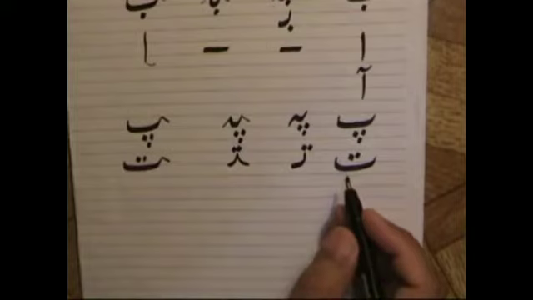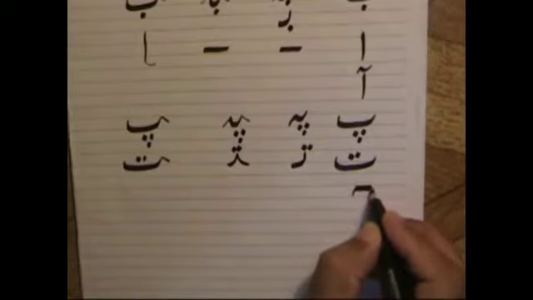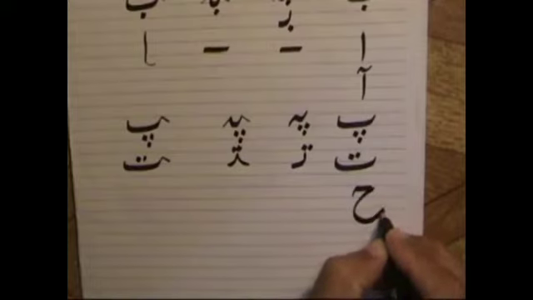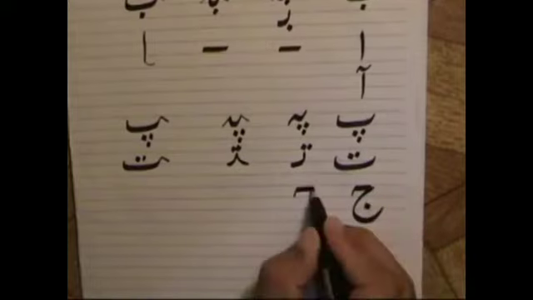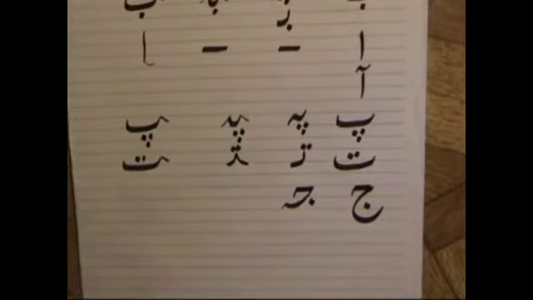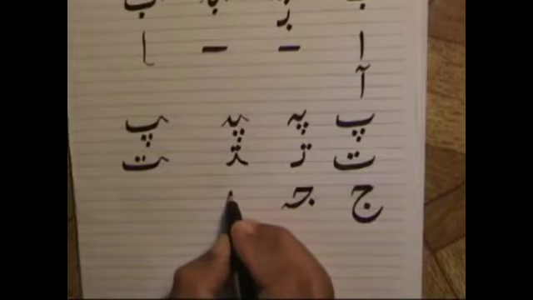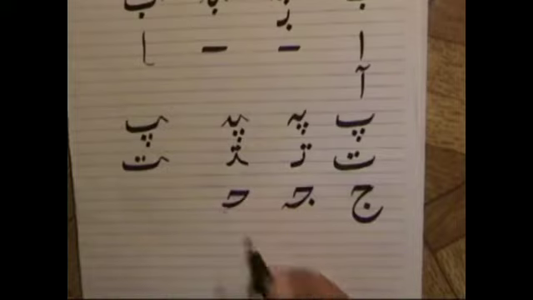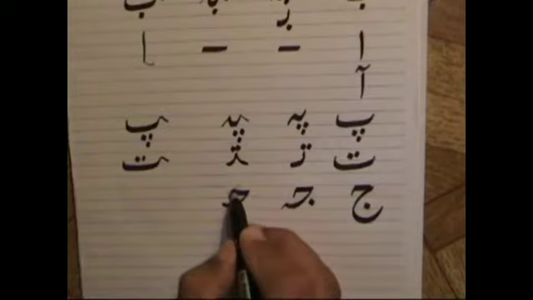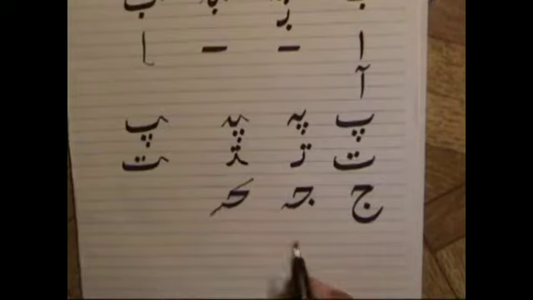For jim, it is also a connector. Jim, this is the independent position. This is the initial position of jim, and this is the connector here. In the medial position, we have jim like this, and one connector is here in the beginning and one connector at the end.